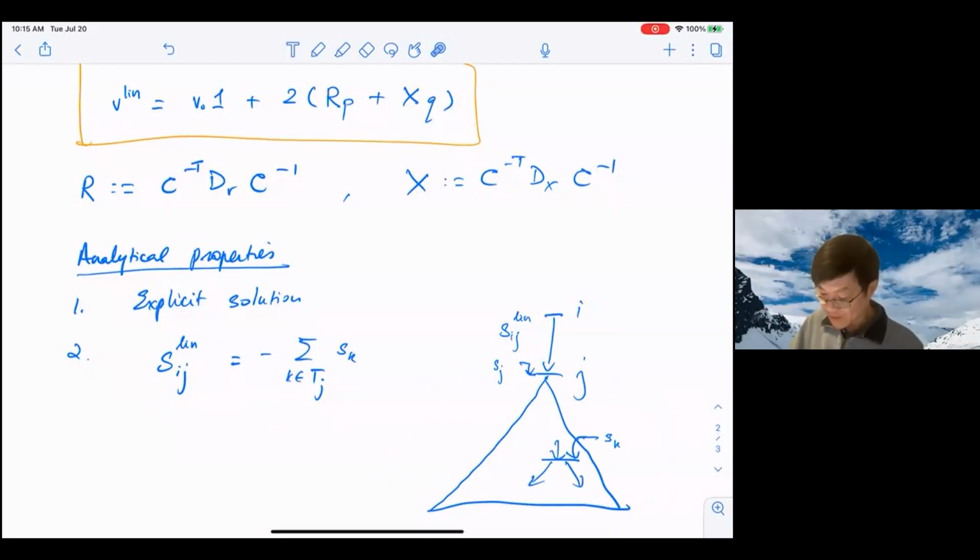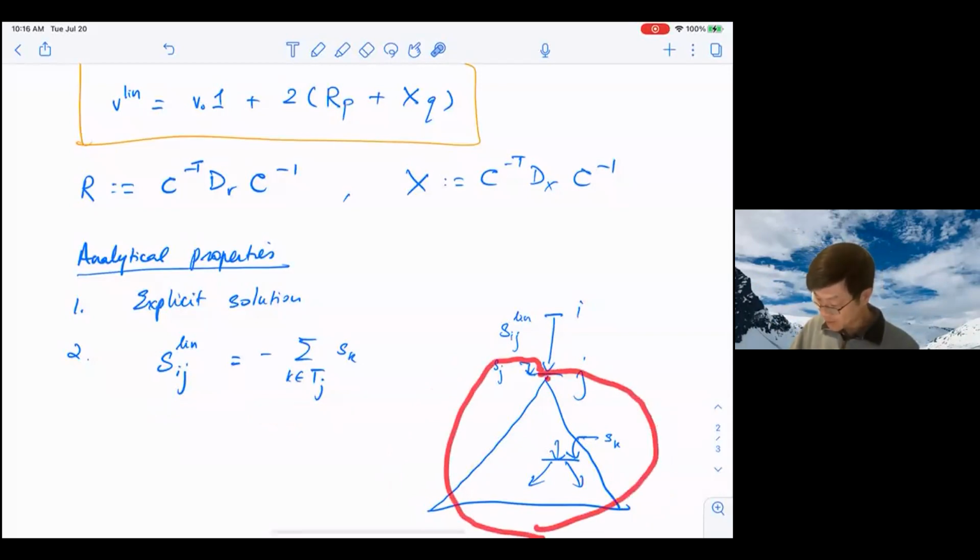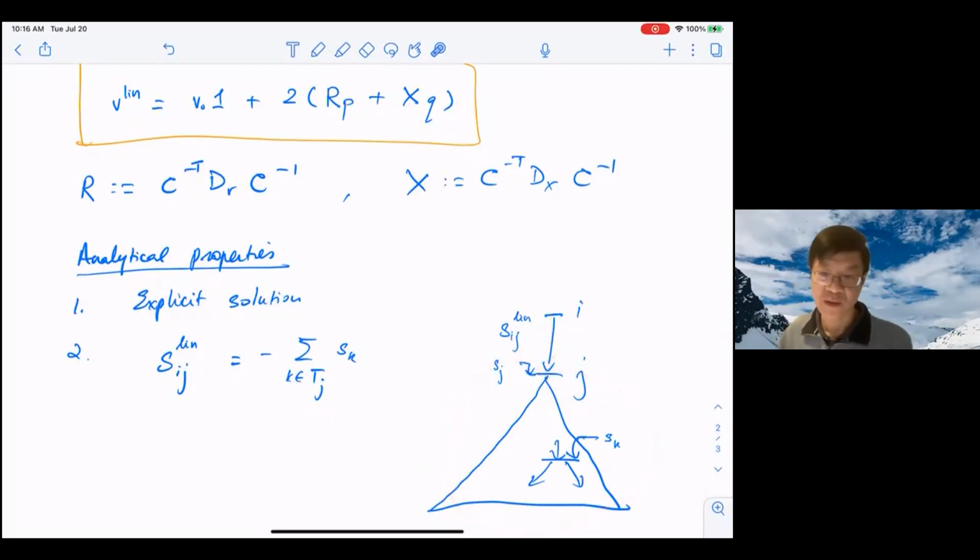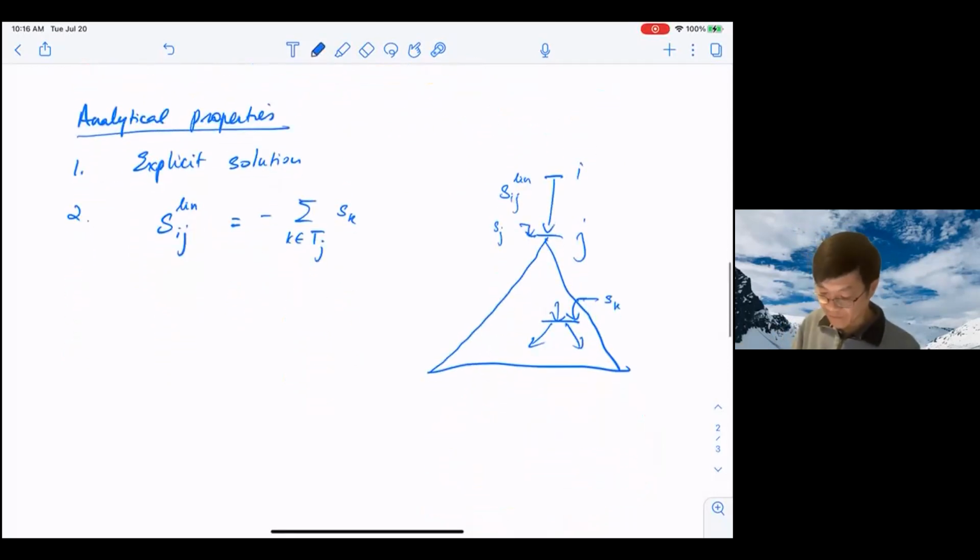And therefore, all this says is that the line power coming to j equals the negative of the injections. So think of negative S_k as the load. Then all the load power in the subtree rooted at j is supplied by this S_ij lin. That's what it says, so it has a very intuitive physical interpretation.